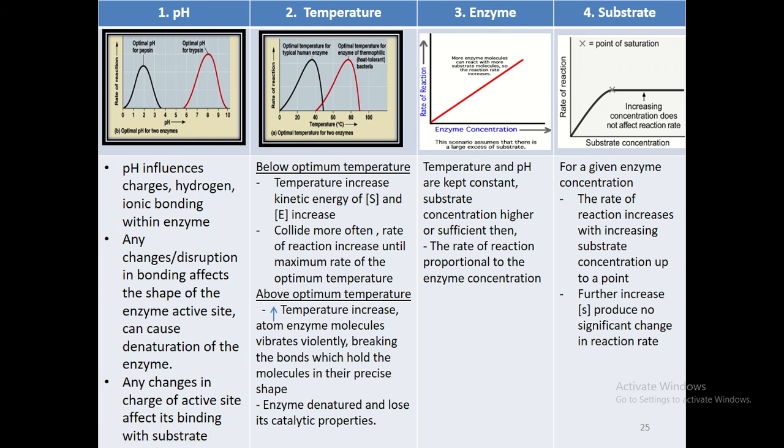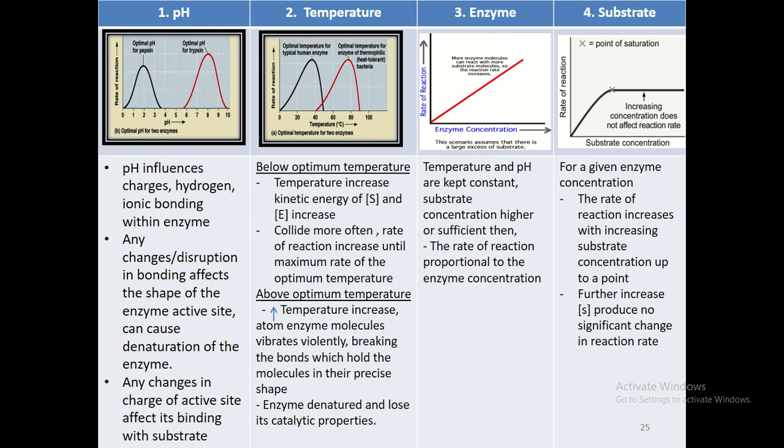Remember, the active site is the part of the enzyme that will bind with the substrate, or the ligand. And if the shape of the active site is disrupted, it can cause the denaturation of the enzyme because enzyme is a protein.